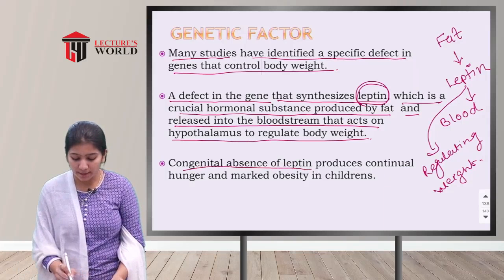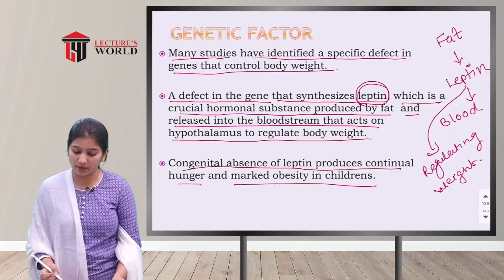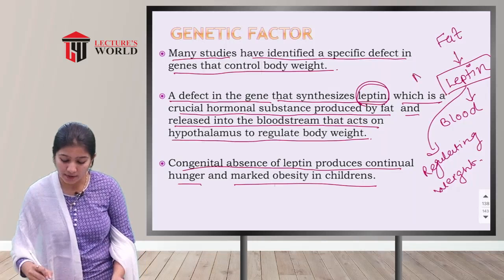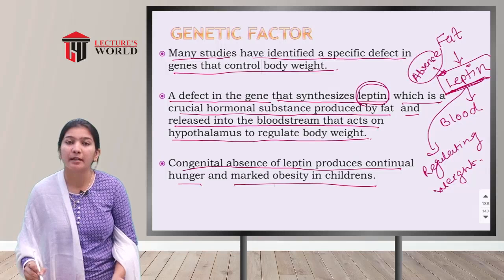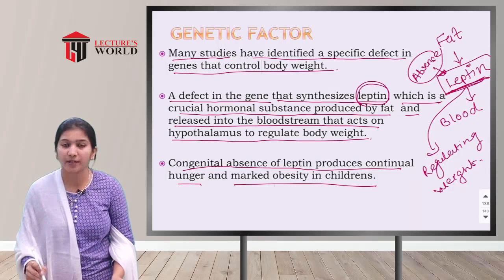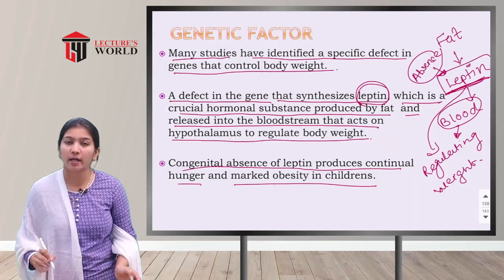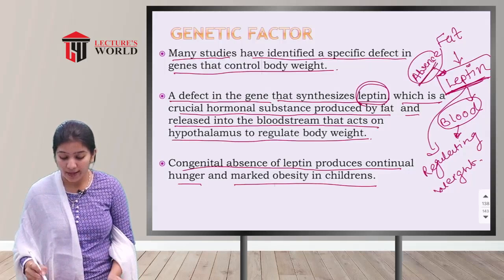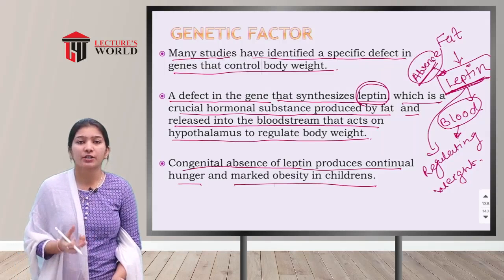Congenital absence of leptin produces continual hunger and marked obesity in children. Okay, so if there is a deficiency or absence of leptin, here we have seen the normal function of leptin. Leptin enters the bloodstream, and from the bloodstream it helps regulate and maintain our body weight. But if leptin is absent from your blood, there is no maintenance or regulation of body weight.